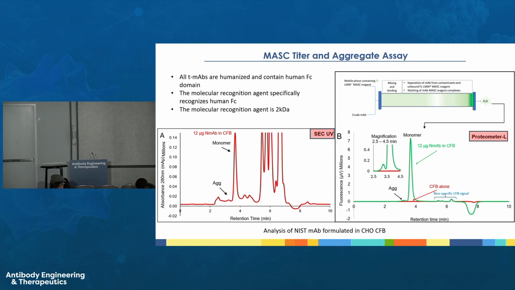If you look at the scales over here, it is way more sensitive than absorbance because it's fluorescence detection. And this is the trough due to depletion of the molecular recognition agent from the mobile phase.